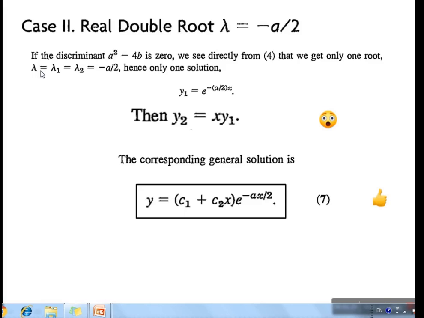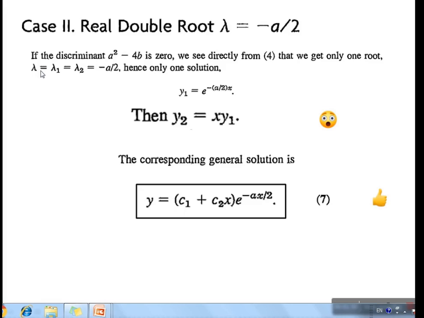For a second order differential equation, I have two basis solutions, y1 and y2. Here I have just y1. In fact, y2 is equal to x y1. I will not talk about this issue because it is not important for you, at least at this stage.